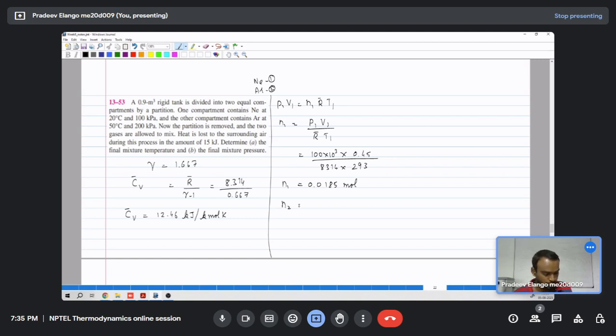Similarly, N2 will be 200 into 10 power 3 into 0.45 divided by 8314 into temperature. So this will be in kilomoles, so you can write it as 18.5 moles.